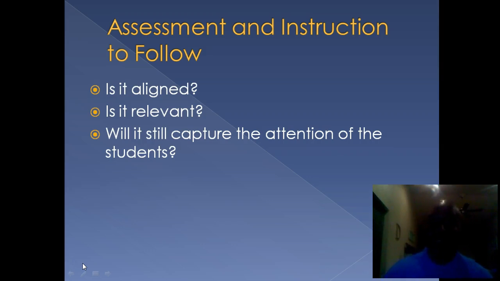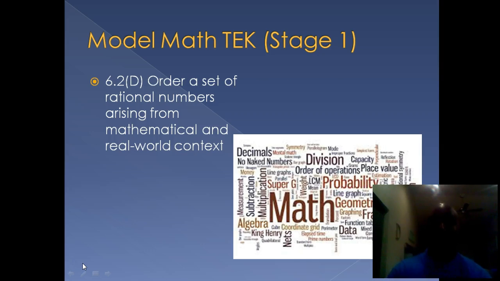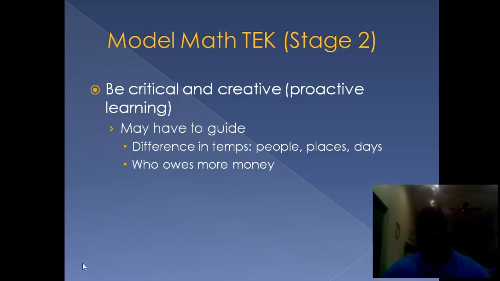Is it ultimately going to get us back to our goal of 6.2, which is order a set of rational numbers arising from mathematical and real world context? Is this problem and the processes that we're going to make our students go through going to get us to our ultimate goal of our TEAK, which is 6.2?